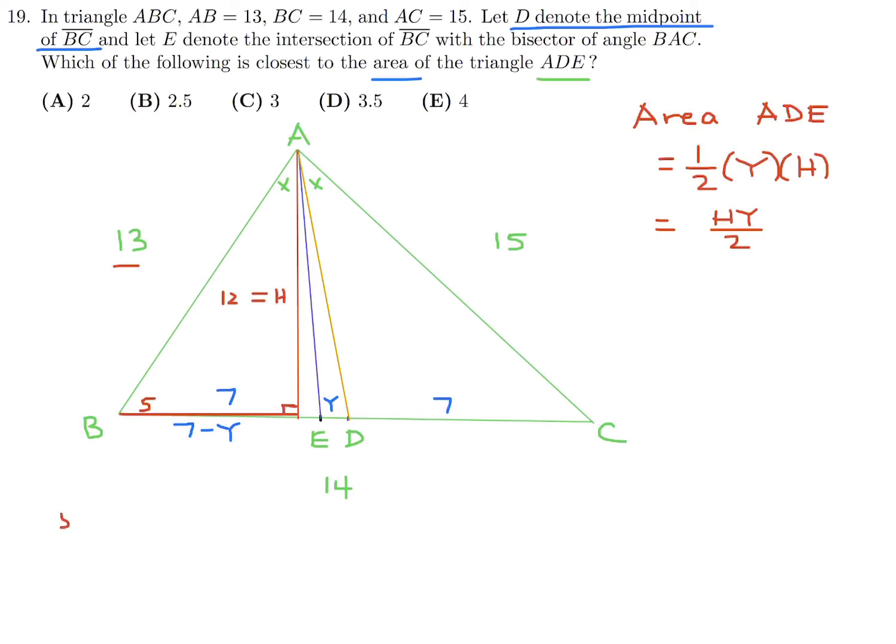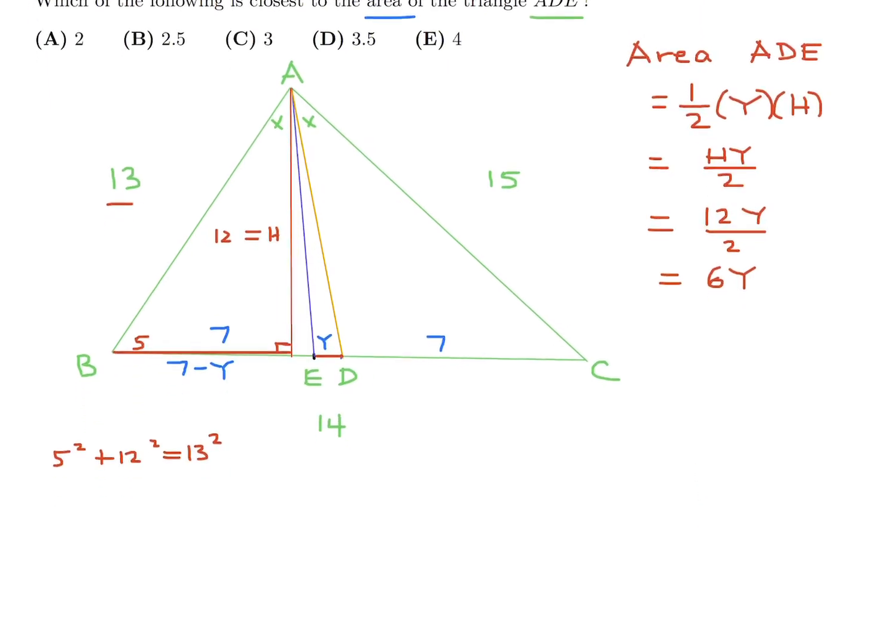And 5 squared plus 12 squared is indeed 13 squared. And there's no reason why it can't be those numbers. So let's go with that. So now we have one of these variables, which is h. So I've got 12 times y over 2, therefore 6y. So if I can figure out y, which is right there, I will be able to figure out this area.